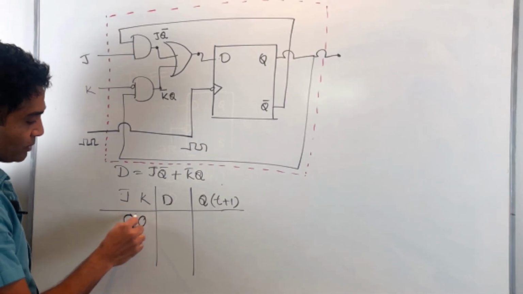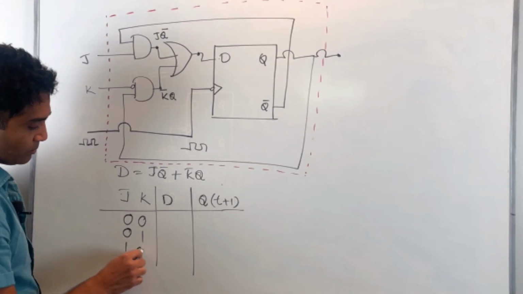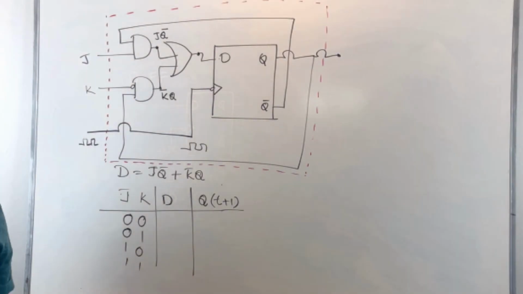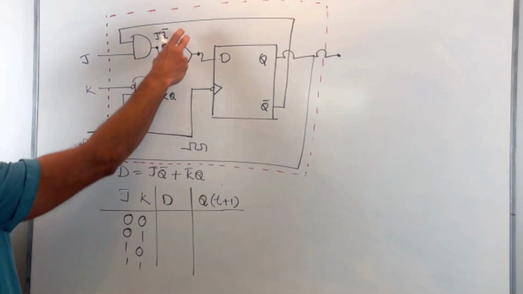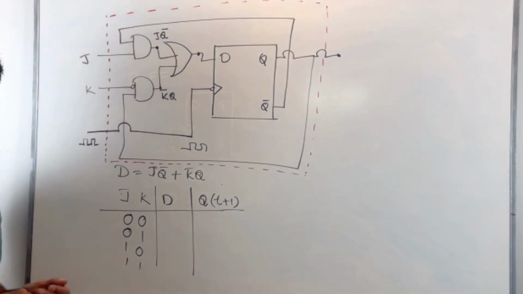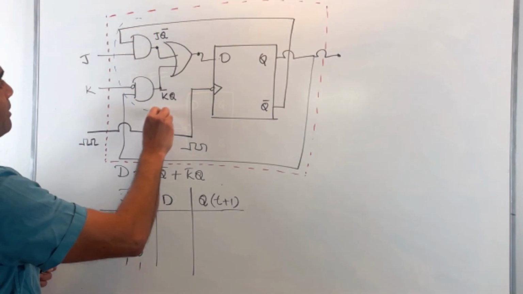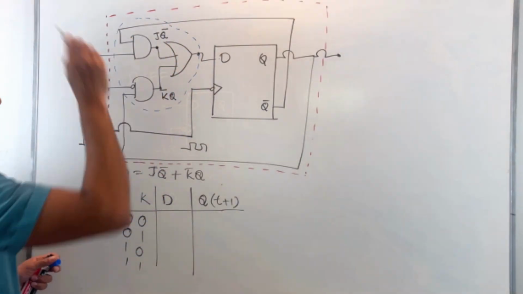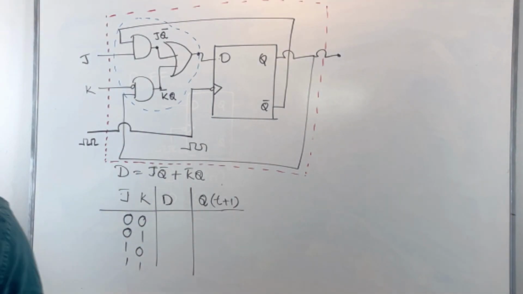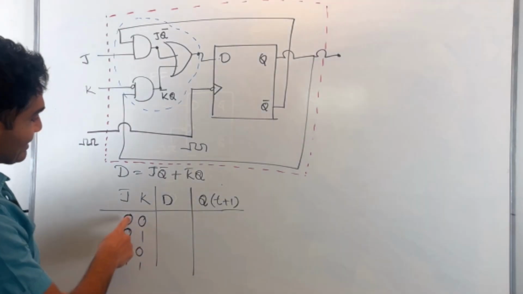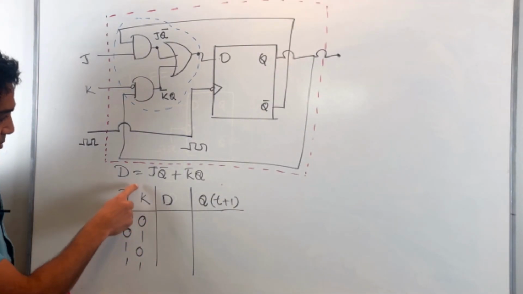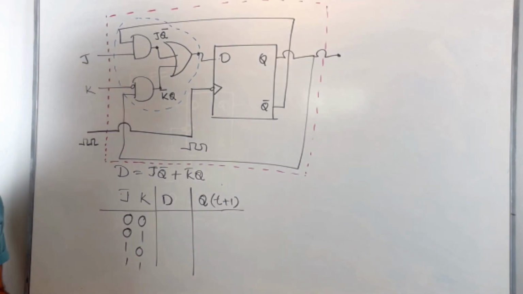So let's look at all possible combinations for J and K. I have 00, 01, 10, 11, and for each combination, let's see what your D input is, right? Because the output of this combinational block is nothing but D. Now, with J and K of 0 and 0, what do we have for D?